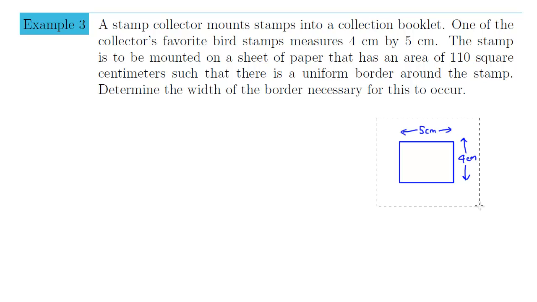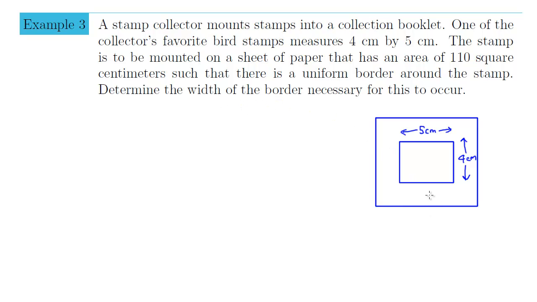Now, let's say this is our piece of paper that we're mounting on. Then this border of uniform width means that this distance here is the same as this distance, is the same as this distance, is the same as this distance. Does that make sense?